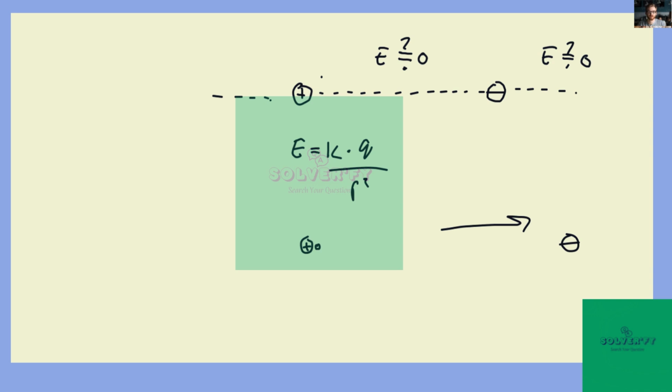And we said that the strength of that electric field decreases with the square of the distance to the point charge. So there's no way that they can have an equal effect on you.